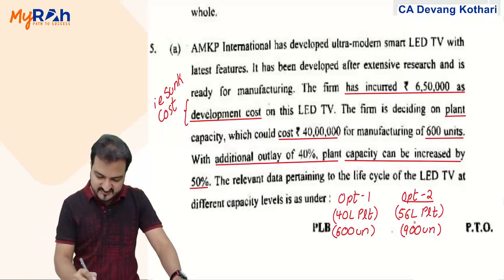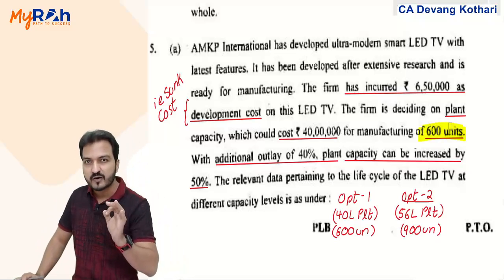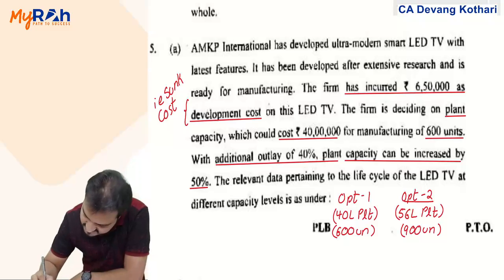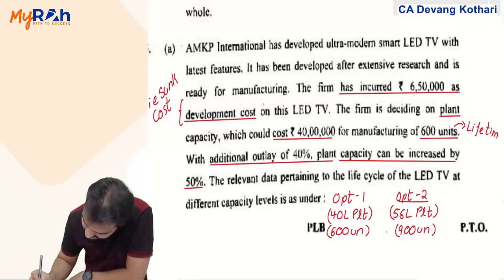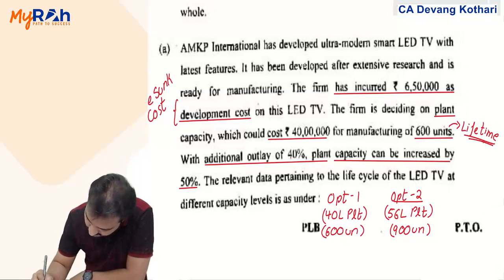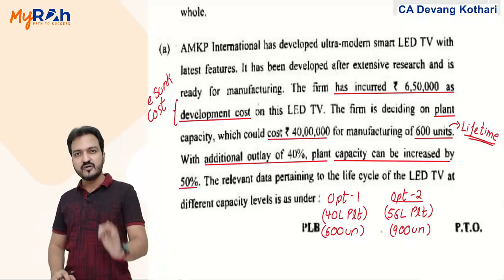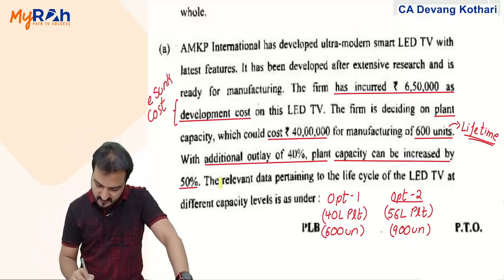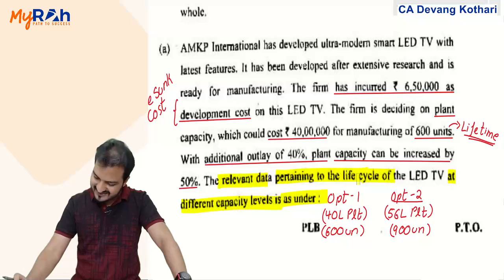Look, does it say 600 units per annum? No. So consider that this 600 units is lifetime. It doesn't say per annum, and anyways the question is about life cycle. The relevant data pertaining to life cycle at different capacity levels is as under.